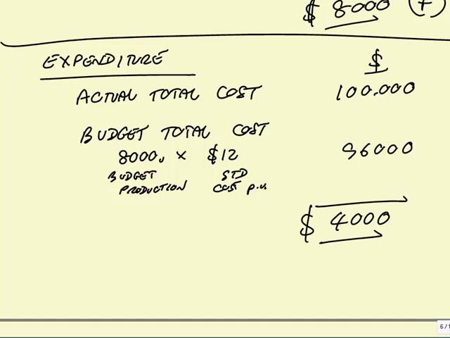However, the other problem is because of using absorption costing. We've been charging every unit at $12. If we produce more or less units, then we've got a variance. So the other bit of the analysis is the volume variance.